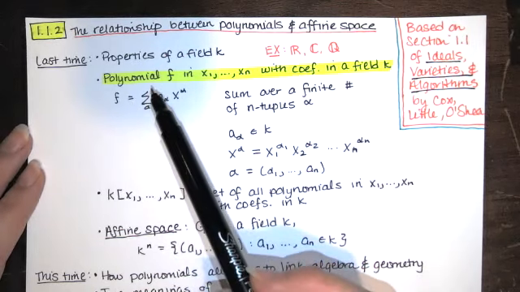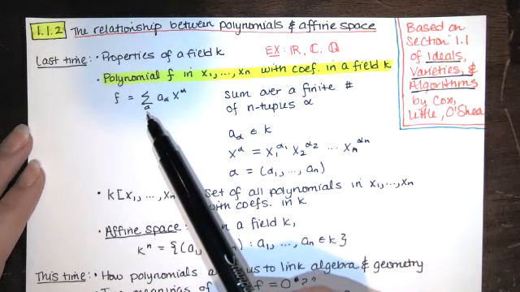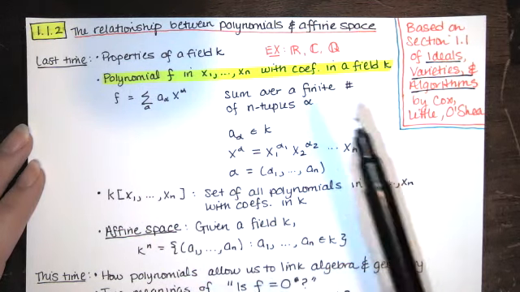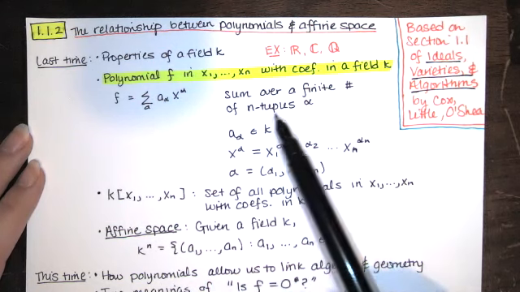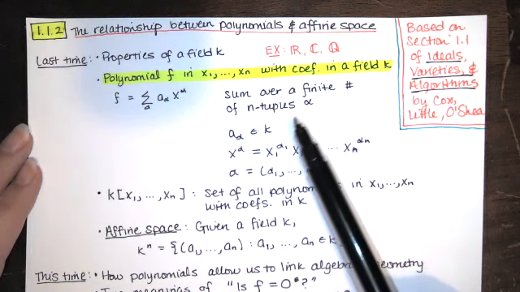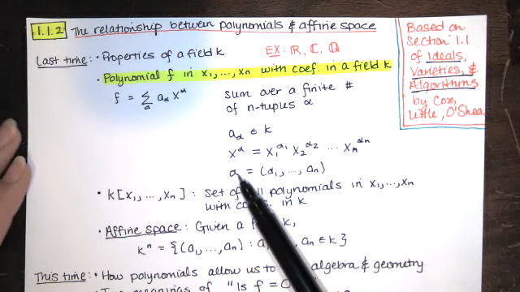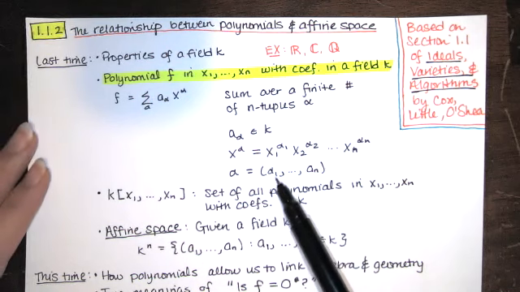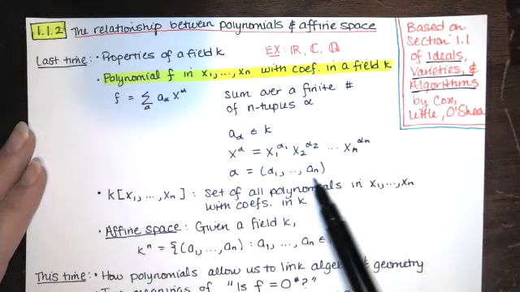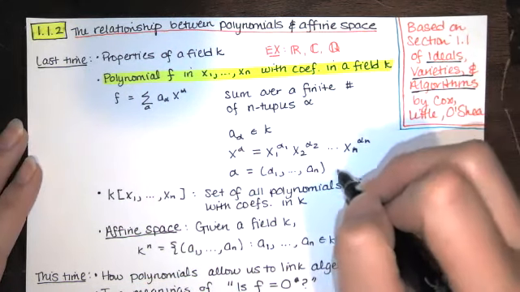Now, in order for this to be a polynomial, this has to be a finite sum. It can't be infinitely many terms. We are adding up these terms over a finite number of n-tuples alpha. So alpha is actually, you can think of it as a vector or an n-tuple. It's got entries alpha sub 1, alpha sub 2, alpha sub 3, all the way through alpha sub n.